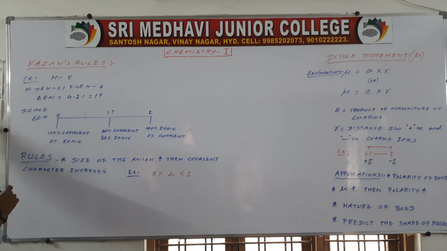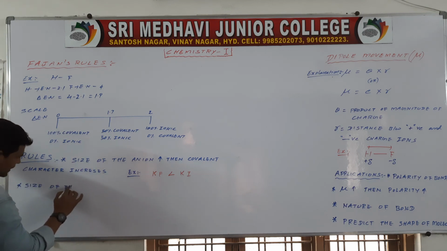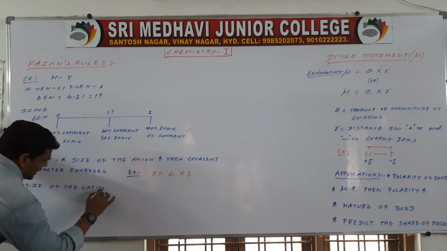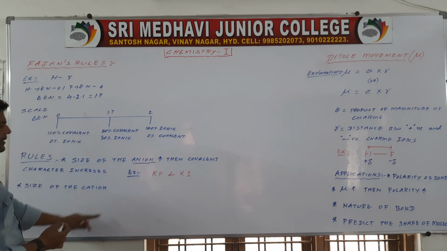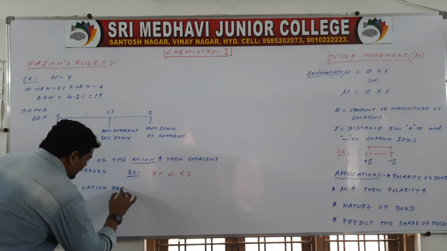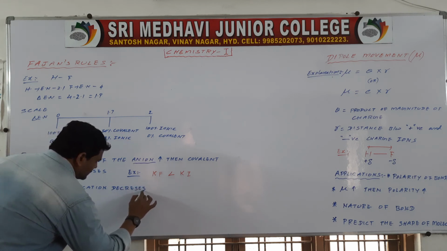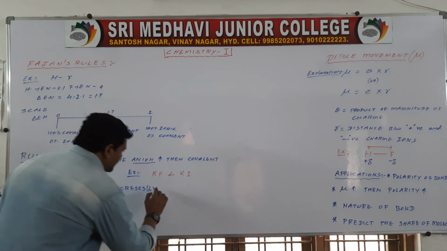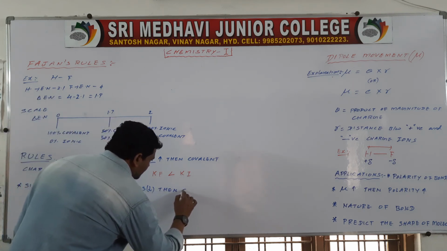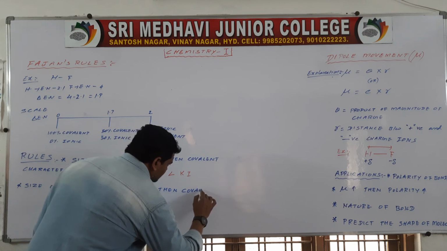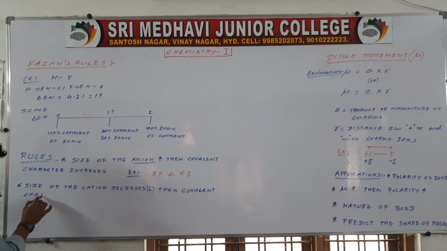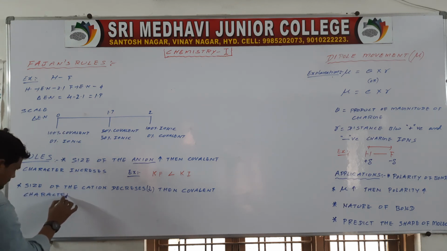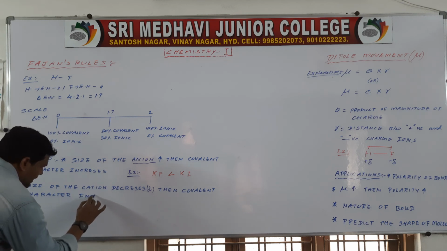Okay, then size of the cation, this is anion. Okay, size of the cation decreases, then covalent character increases.